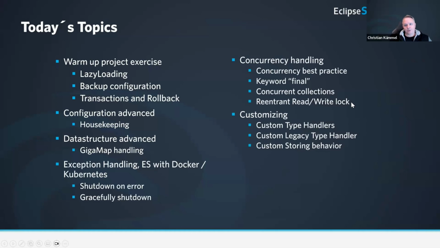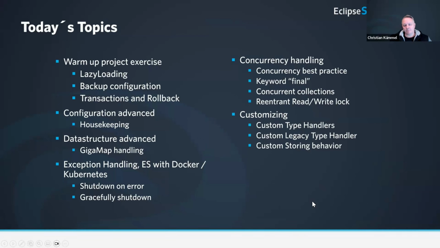One of the main topics for today is concurrency handling. We always have this topic in Advanced 2. It's all about concurrency in general in Java because it's important, especially when we are working with EclipseStore and some solutions. Then that brings me to the customizing part.